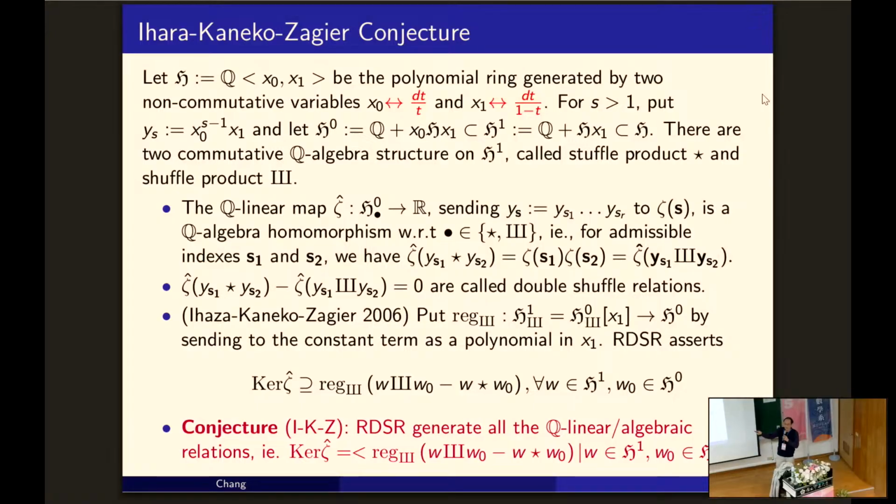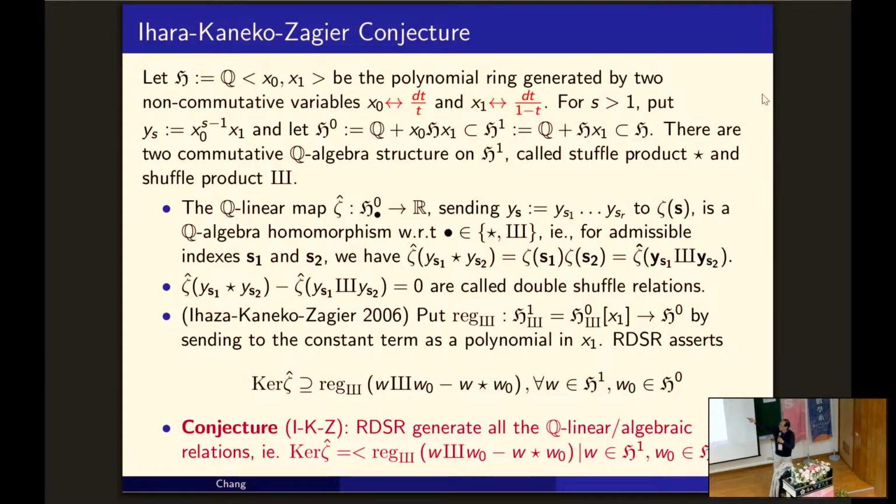And from the defining series, we put it into the abstract formulation; it's called the stuffle product. Namely, we can define a linear map zeta hat, called the zeta realization. For a word w equal to y_s1 through y_sr, you just send it to zeta(s1,...,sr).